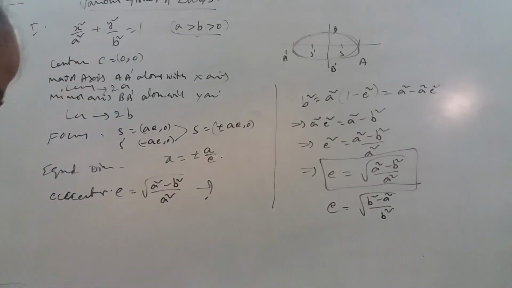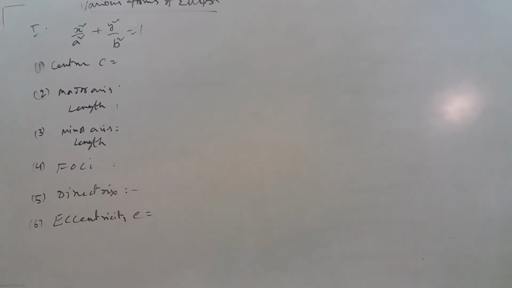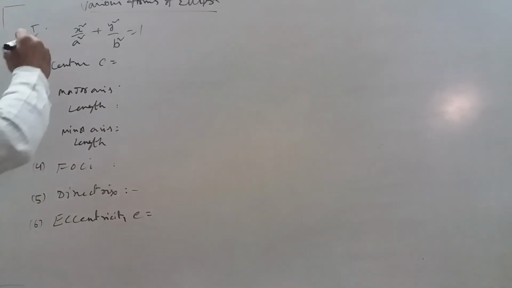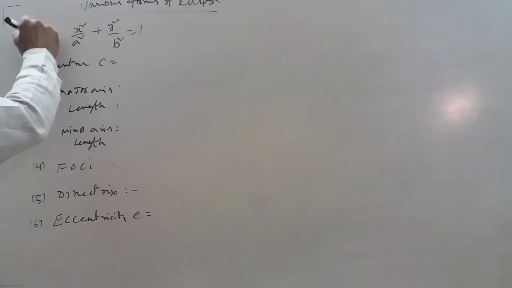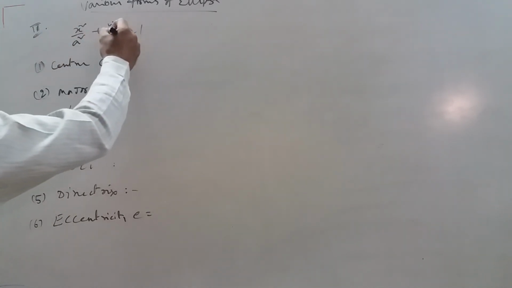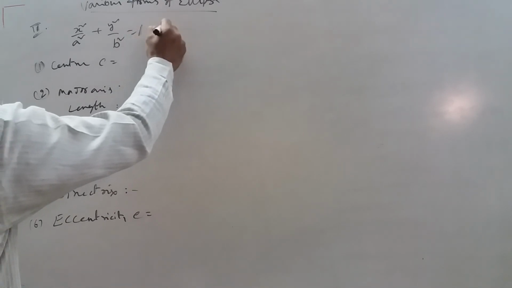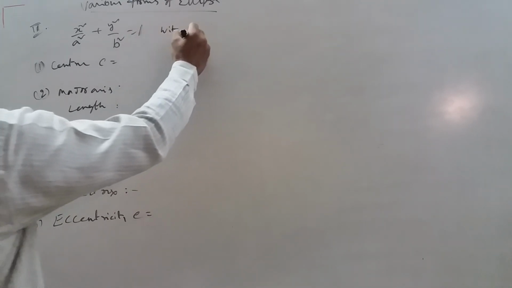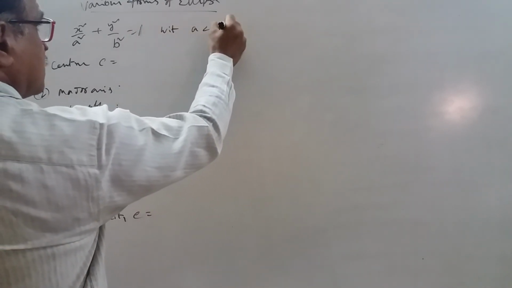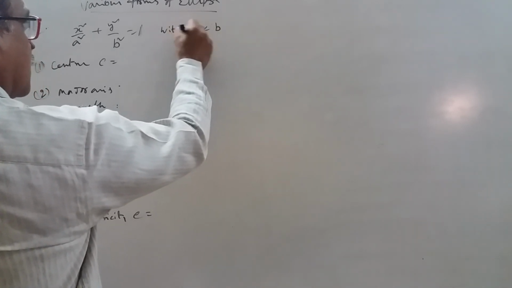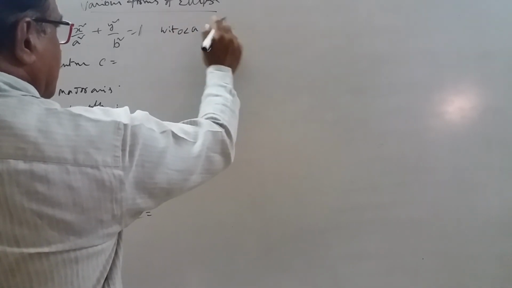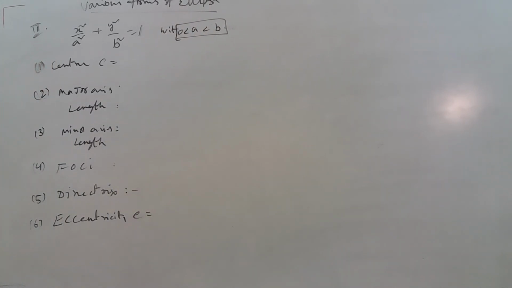Okay. Next case, the second form: x square by a square plus y square by b square is equal to 1 with 0 less than a less than b. That means a is less than b, and a is positive, b is positive.